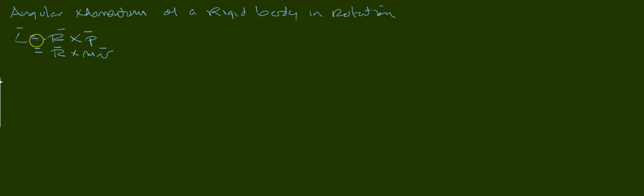We saw that this worked for a single particle or a system of individual particles, where the angular momentum of the system was just the total angular momentum, and you just add all the angular momenta: particle 1 plus particle 2 and so on.